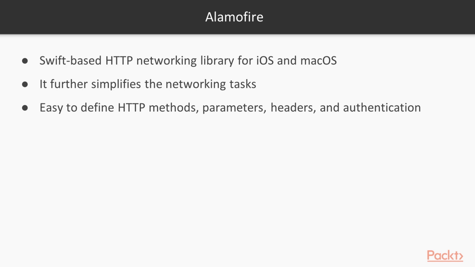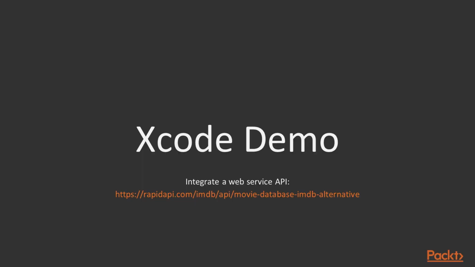So it's totally up to you. If you have complex network calls, which many applications do, you can use Alamofire because it will give you a lot of additional functionality. And it is very easy to define the methods, parameters, headers, and authentication when you use a library like Alamofire. Alright, so now let's jump into an Xcode demo.